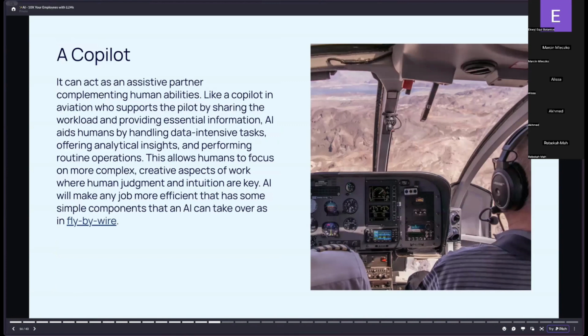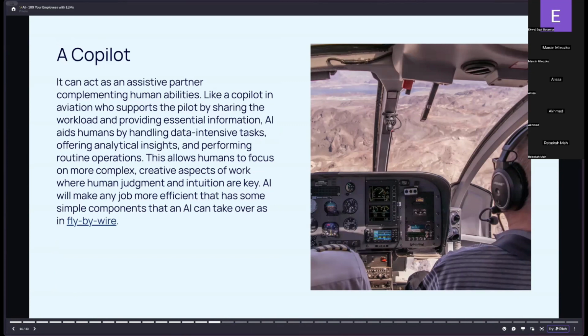And the last one is a co-pilot. So it's your partner complementing your abilities. And this is more like a mental model for how to work together. So you give stuff over to the AI that the humans aren't good at. So generating a lot of alternatives in a short amount of time, giving more insights, analyzing a lot of information at the same time.